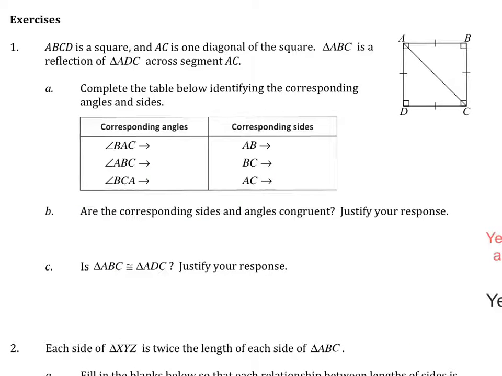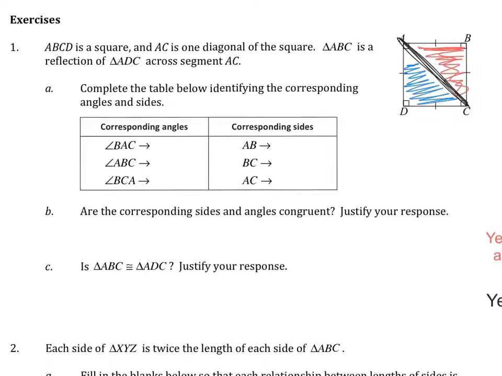So on this next page, it's talking about the fact that we are going to take a square, ABCD, and we have a diagonal, which is AC, and we're going to look at this triangle up here, which is triangle ABC, and we are going to reflect it over the diagonal AC, and it's going to wind up over here.